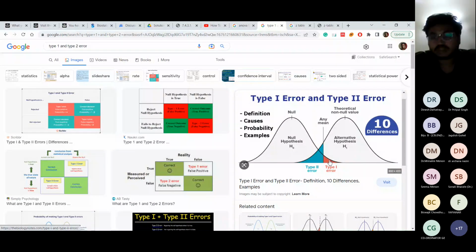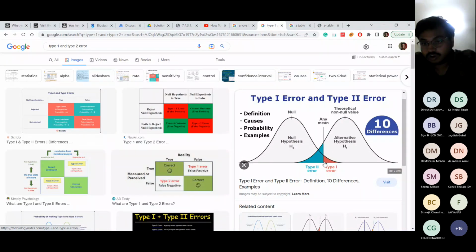Type 2 error is your null hypothesis is true and you are still rejecting it. So type 1 error is given by this area, this red portion, right? And this line that you see, that is your cutoff for p-value. Generally, this value is set as 0.05.